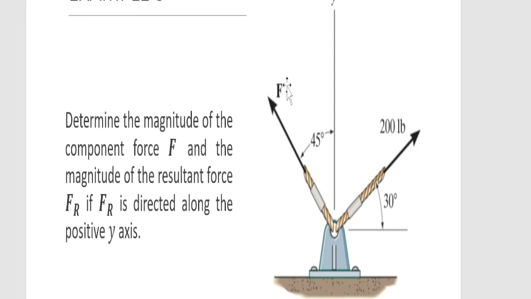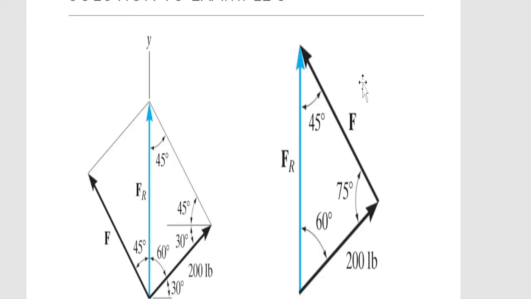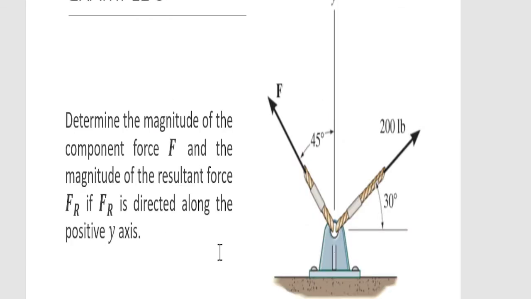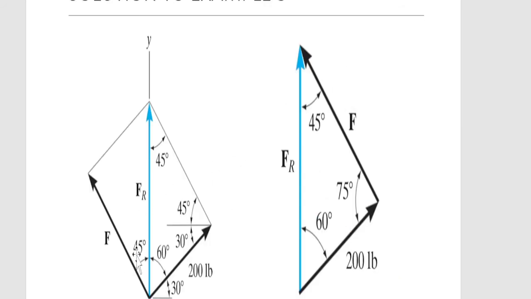So same again, make a parallelogram for these two forces by using the free body diagram. It's given here 45, 30. So while making the parallelogram, copy the same thing, 45, 30. Since it is 90 degrees along the x-axis, we can just subtract 90 minus 30, which will be 60 degrees.